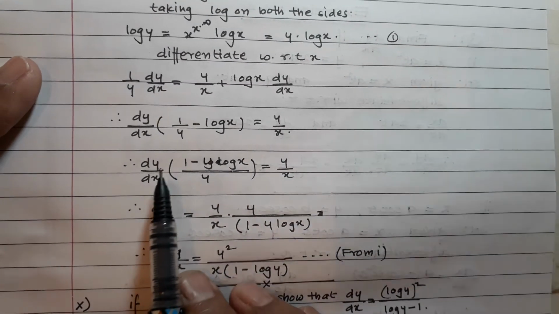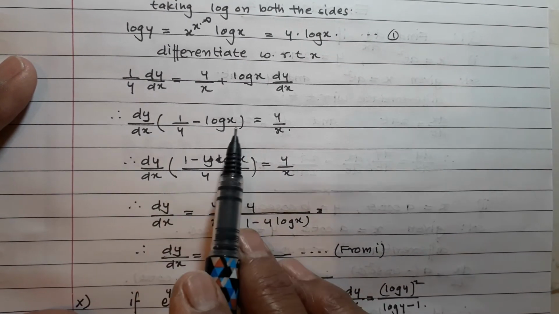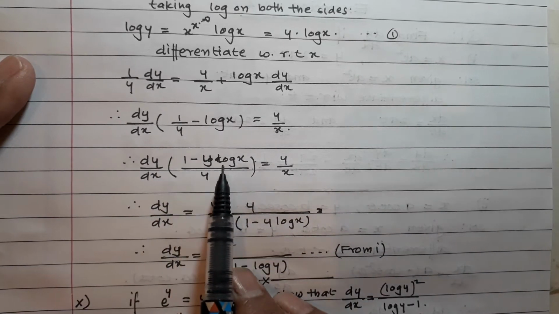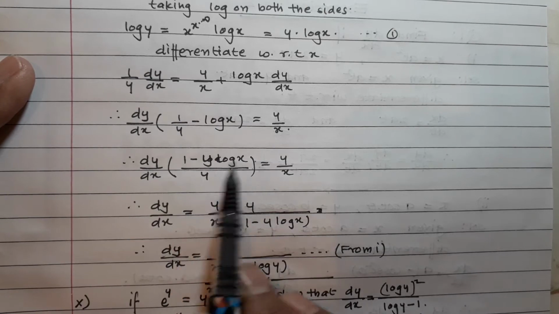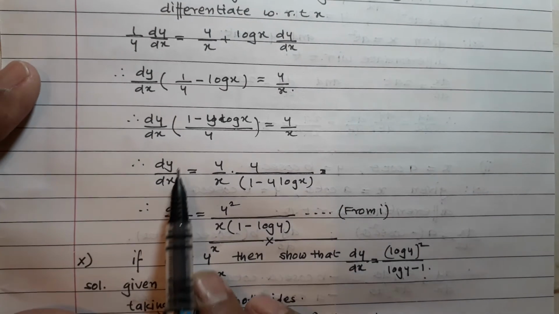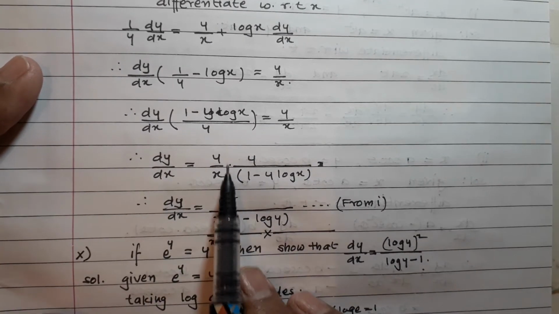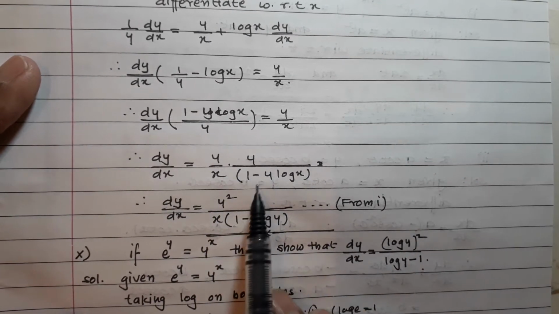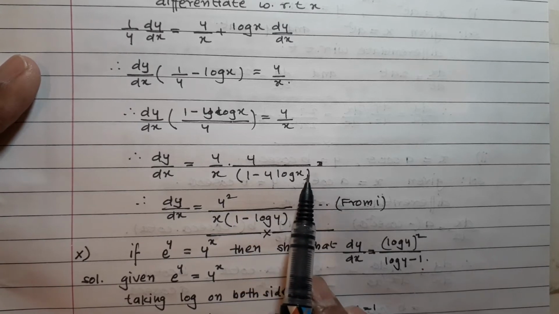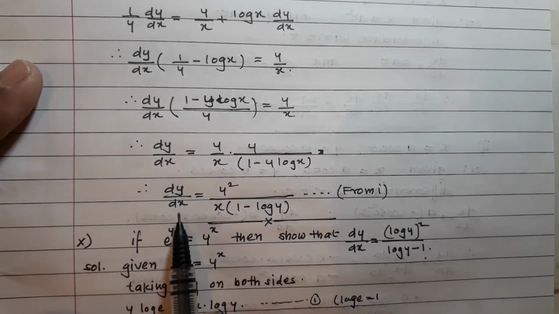Simplify this, equalize the denominator: 1 minus y log x upon y is equal to y upon x, and hence dy/dx is equal to y upon x into y upon 1 minus y log x.